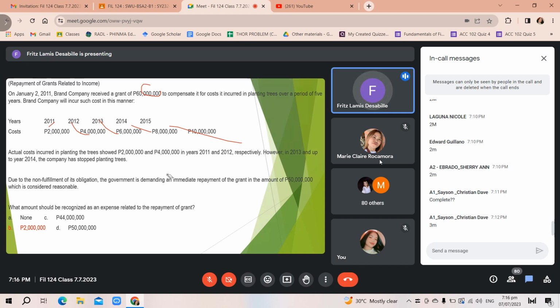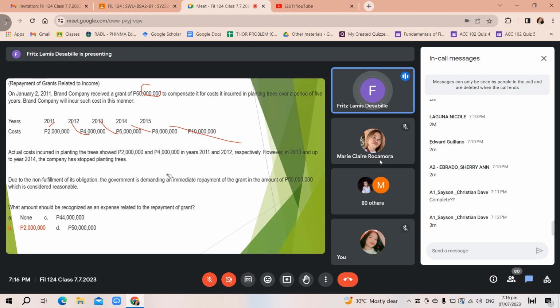Due to the non-fulfillment of the obligation, gidemanda sa government nga bayadan nila ang grant amounting to 50 million, which is considered reasonable. Guys, take note, usually ang ginapa-repay sa government is the full amount.